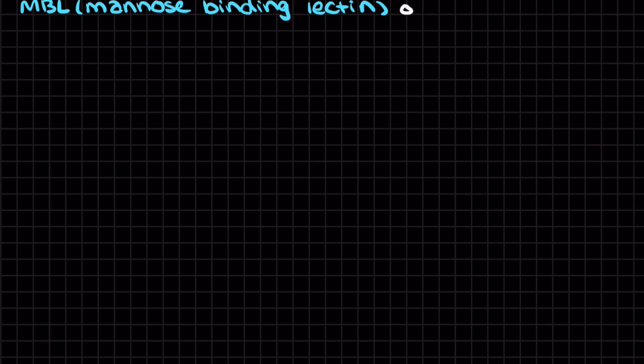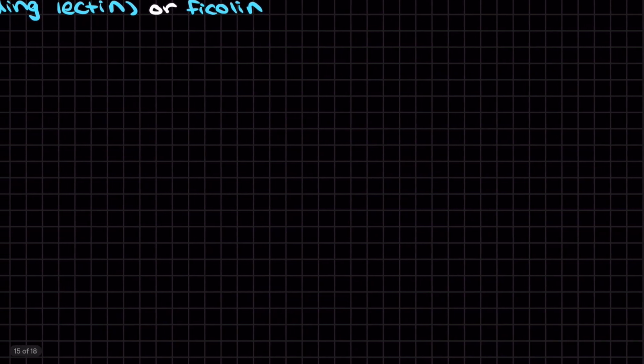And in the case of the lectin pathway, those proteins are going to be known as either MBL, which stands for mannose binding lectin, or we have another type of protein called a ficolin, and these are going to bind sugars on a pathogen's surface.